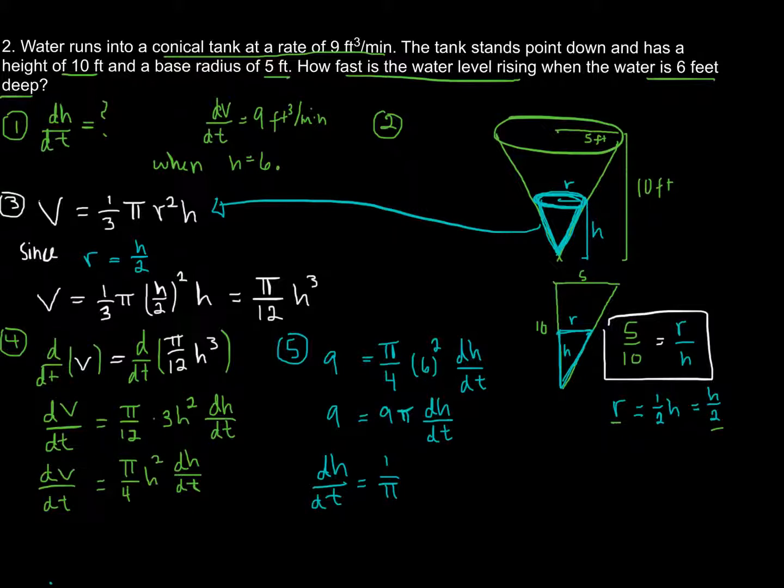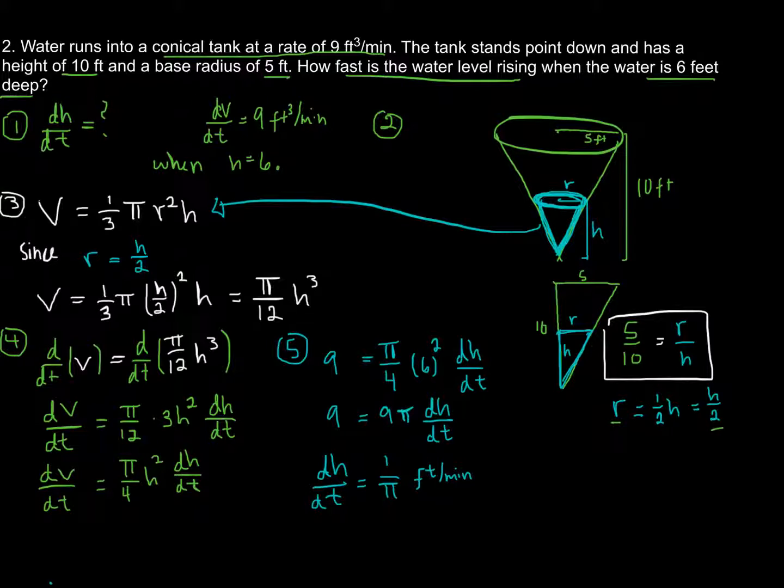Now I want to interpret this correctly. Of course, this is the rate of change of the height, which is going to be measured in feet, and time in minutes. So this is going to be 1/pi feet per minute. And we obviously have an idea that pi is around 3, so this is around 1/3. It's going to be a little less than 1/3.